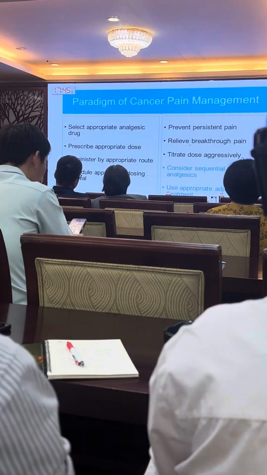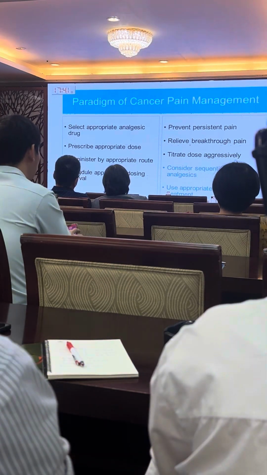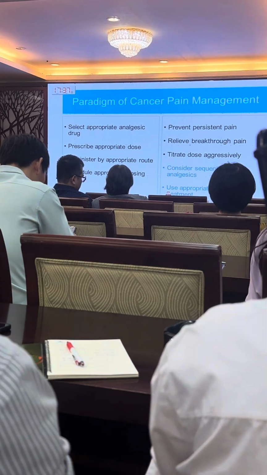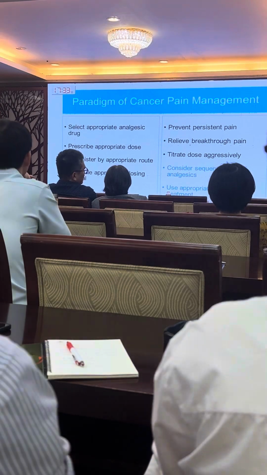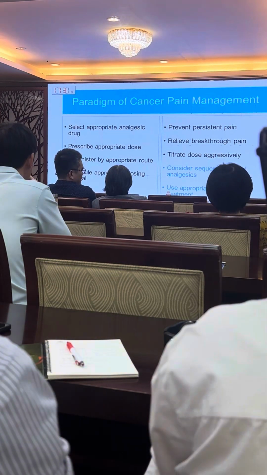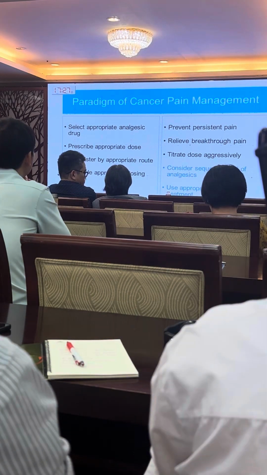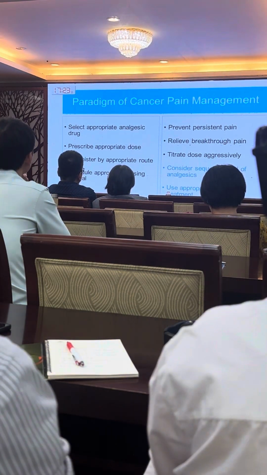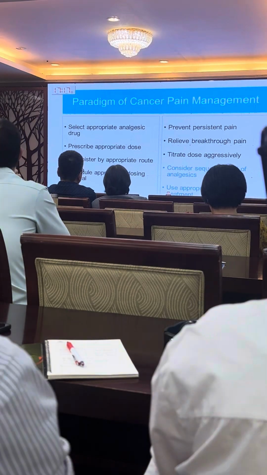For cancer care management, first we have to select the appropriate analgesic. When we select the appropriate analgesic, we have to prescribe the appropriate dose, not too low and not too high. And then we have to administer the analgesics by the appropriate route, which patient can use the oral route, which patient can use the parenteral route.